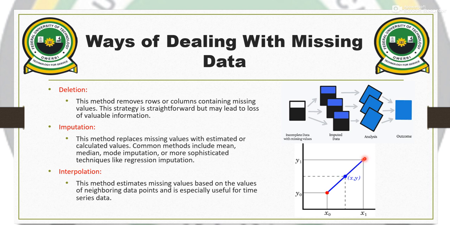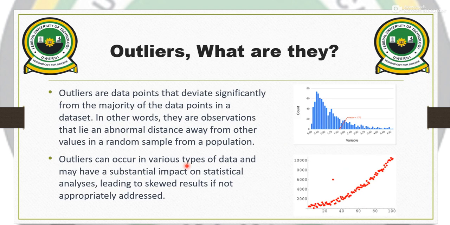So what you're going to do is take this one and this one and find the mean to get what is in between both of them. Okay, that is interpolation.